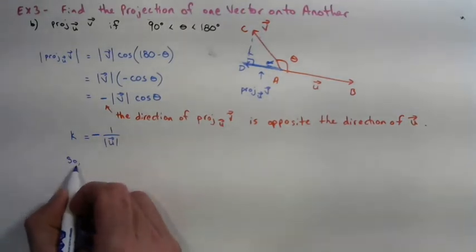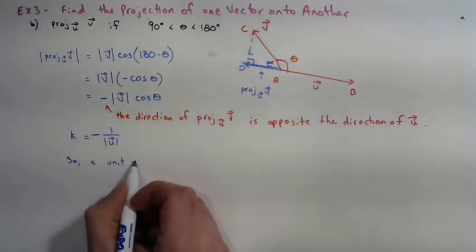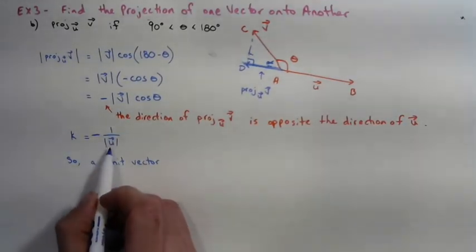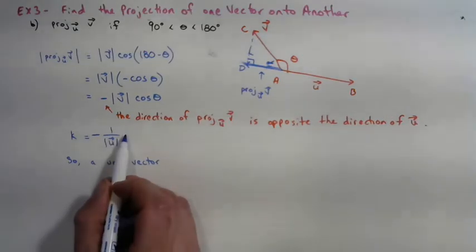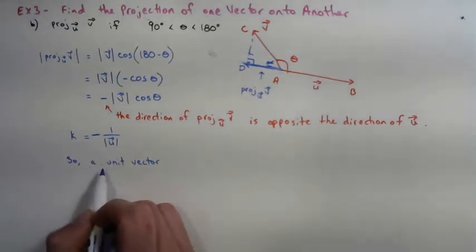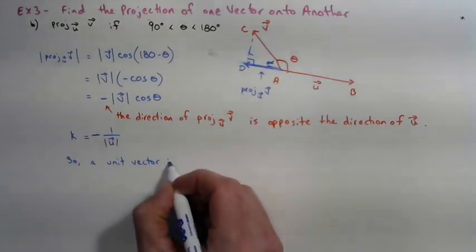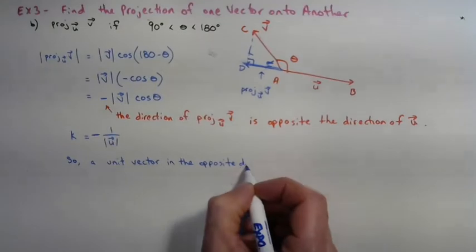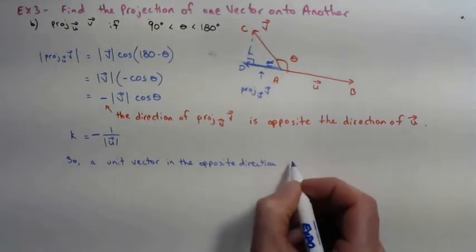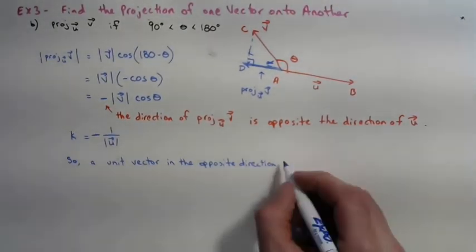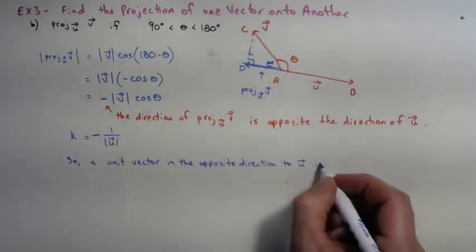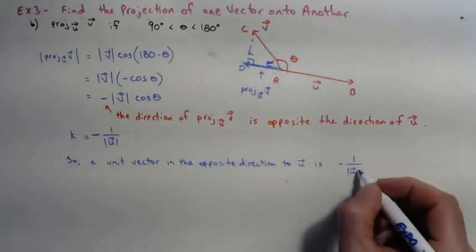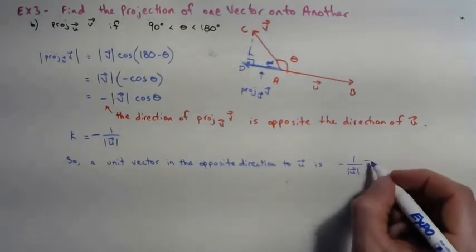Okay, so a unit vector that goes the same direction as u would be 1 over the magnitude of u times u, just like we did in A, but this time the unit vector in the opposite direction is negative 1 over the magnitude of u times the vector u.